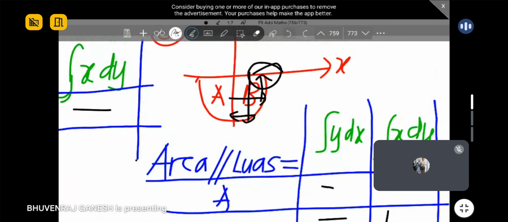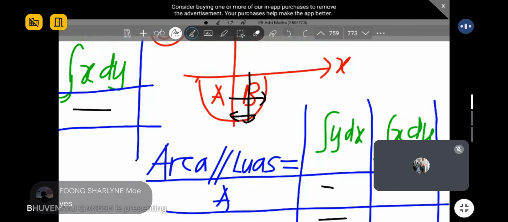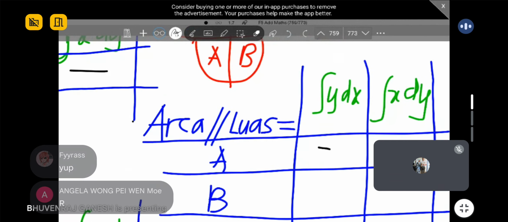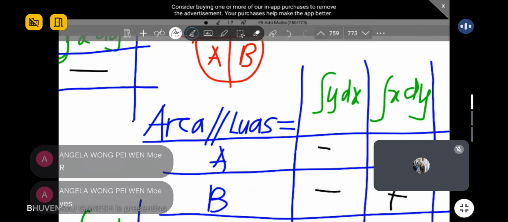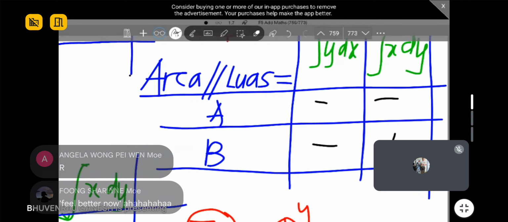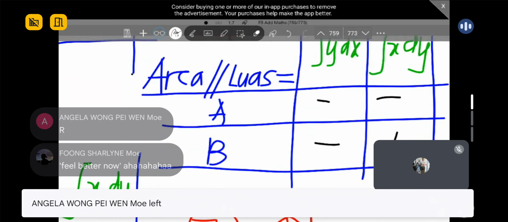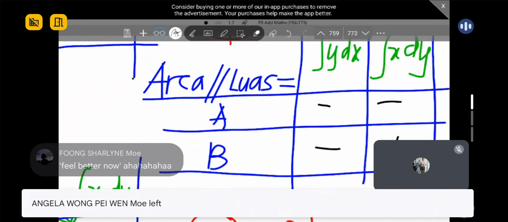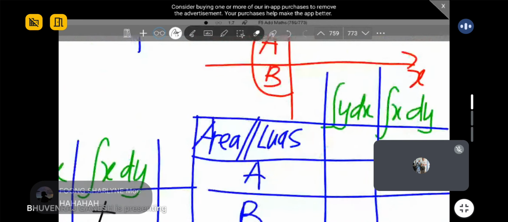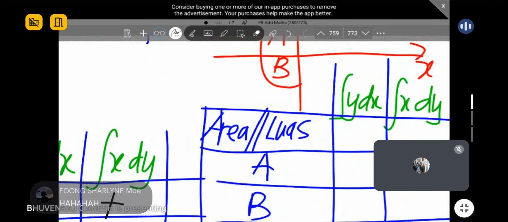Can get it, guys? The concept and everything? Can. Do you all feel better now? Can understand better on this part? After trying all this example? That's why I say, guys, at maths, practice make perfect. Am I right? Feel better now. This one very useful, you know, guys. Trust me, it will help you a lot.